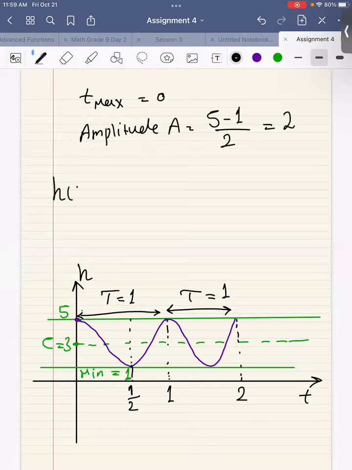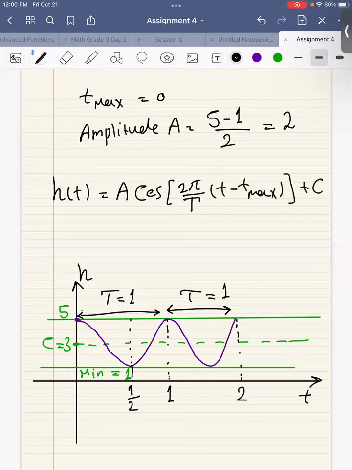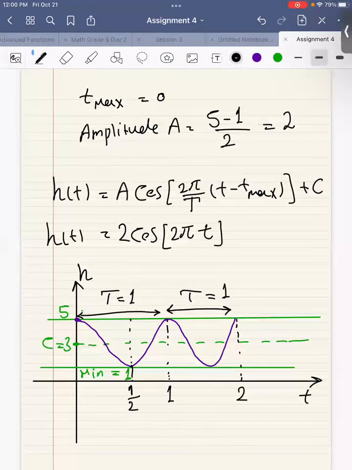So h of t is equal to A times cosine of 2 pi over T times (t minus t maximum) plus C. So we have everything we want. A is equal to 2, the period is equal to 1, so you get cosine of 2 pi, t maximum is 0, and the midpoint, the center, is 3.